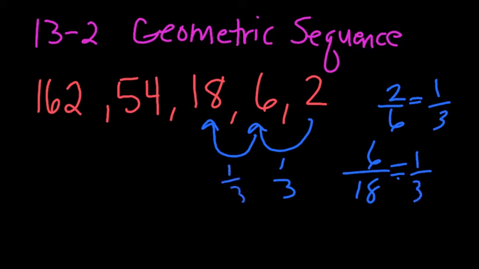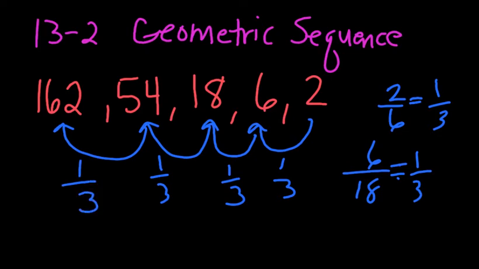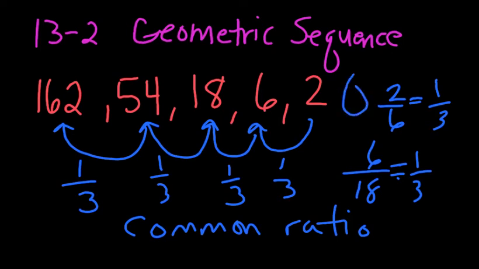So we're finding the common ratio. 18 divided by 54, 1/3. 54 divided by 162, 1/3. So the common ratio, which is really the same thing as the common difference, only this is geometric, is 1/3. So if I wanted to find the next number, I would say 2 times 1/3.